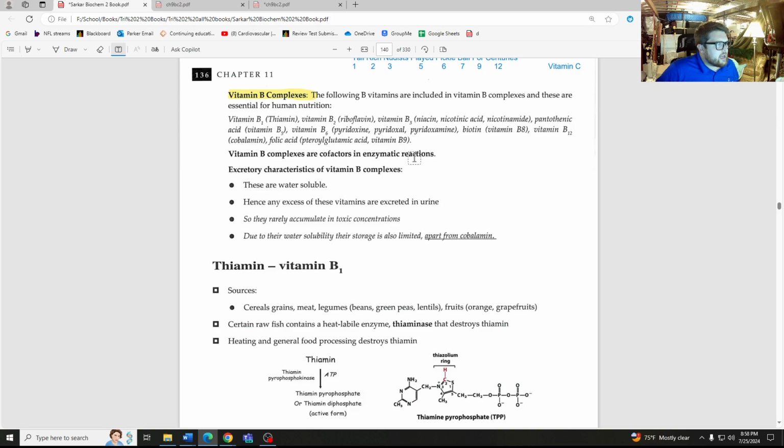So, the vitamin B complexes are cofactors in enzymatic reactions. I believe that is a typo.